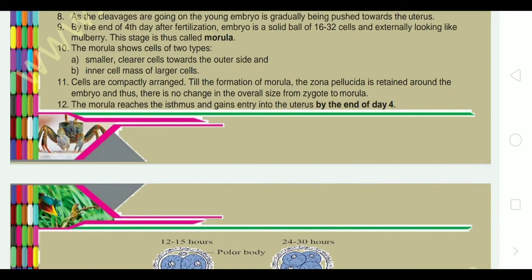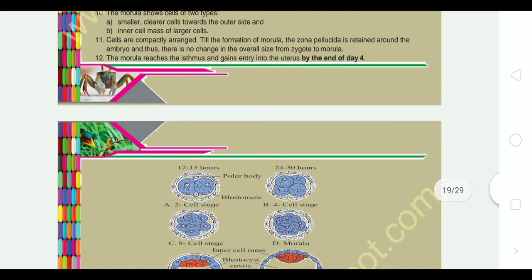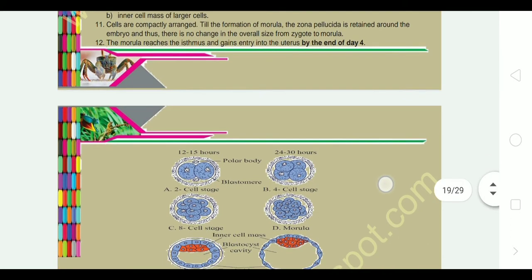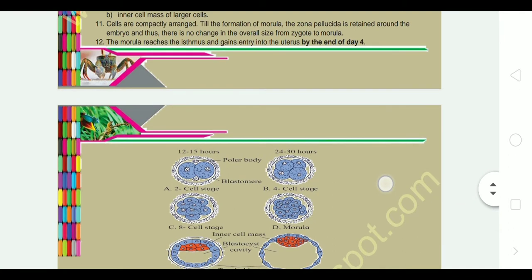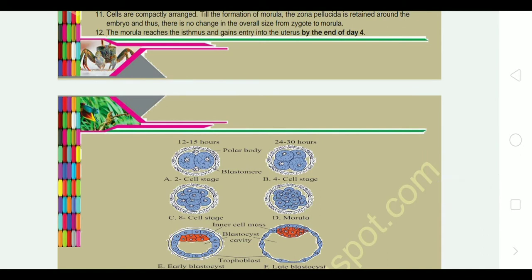Morula shows cells of two types: smaller and clearer cells towards the outer side, then an inner cell mass of larger cells. Cells are compactly arranged till the formation of the morula.